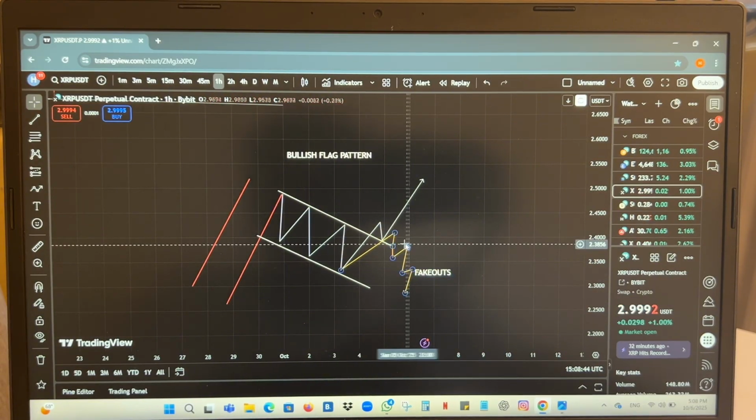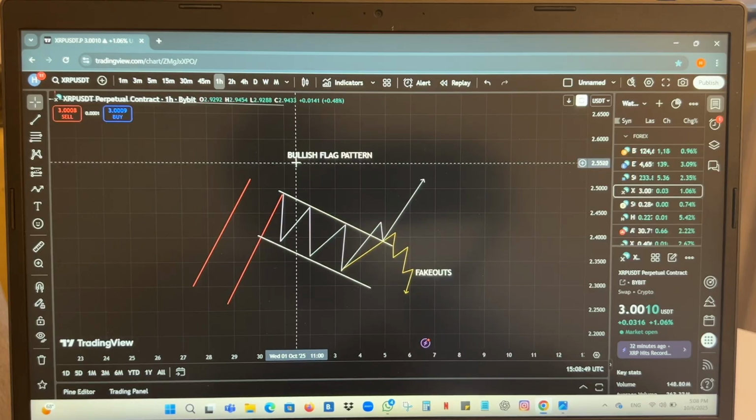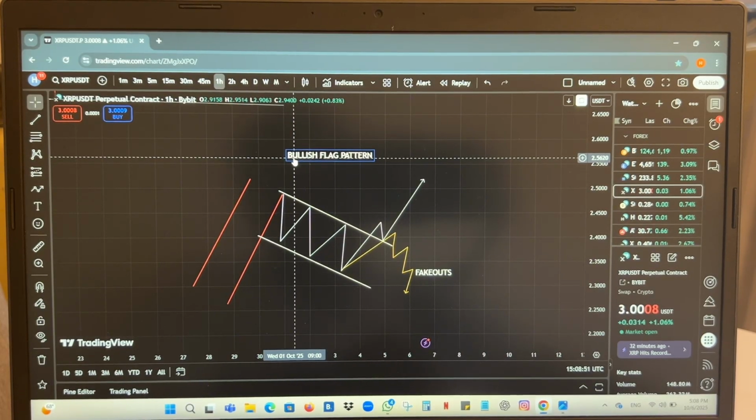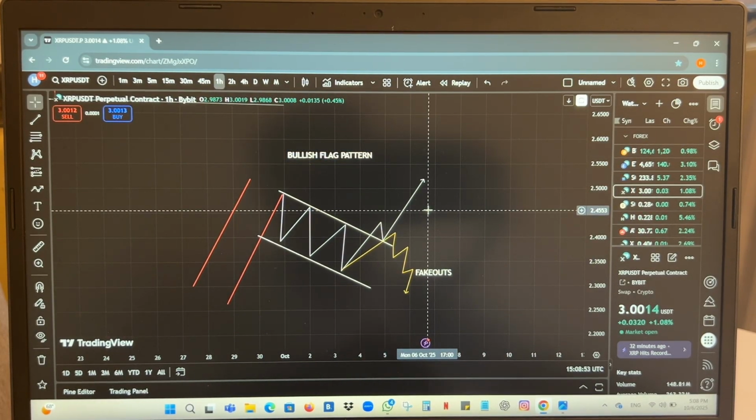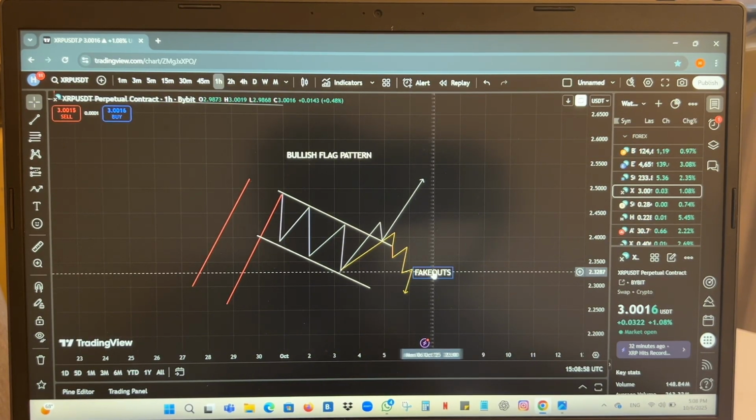So this is the only thing we have to be extremely careful of if you are going for an entry in a bullish flag pattern or else in a bearish flag pattern. This is the tricky part.